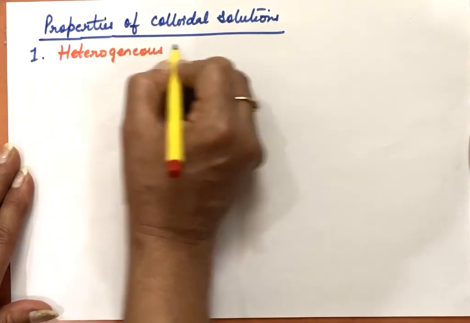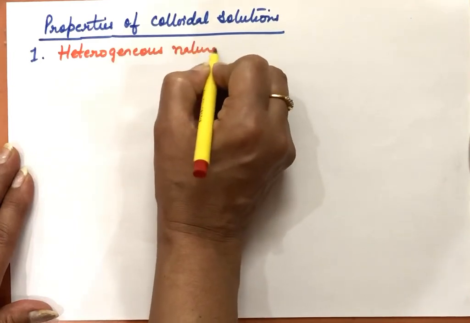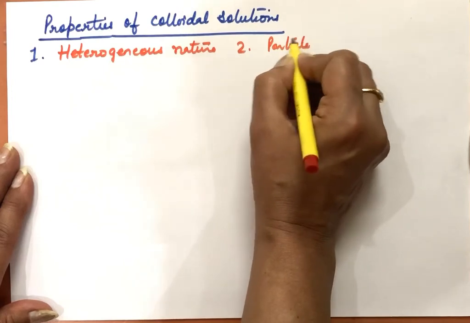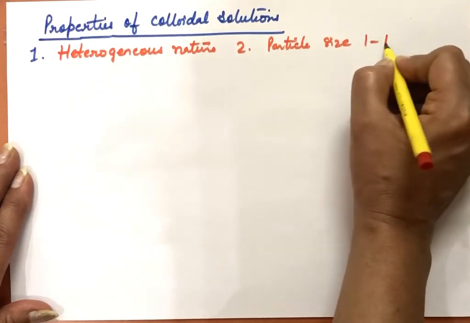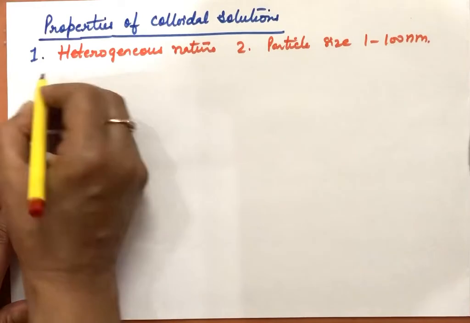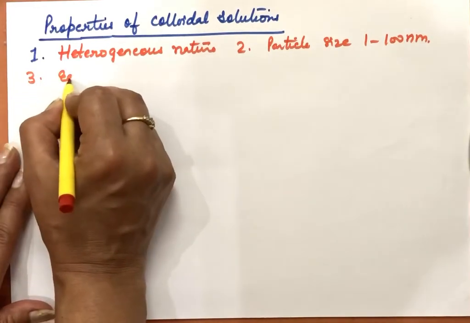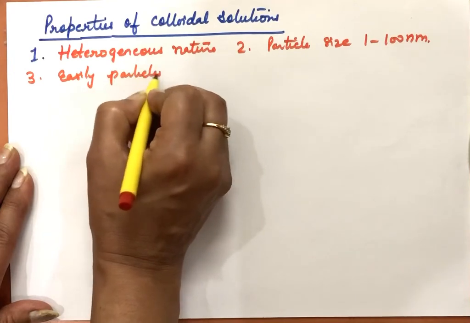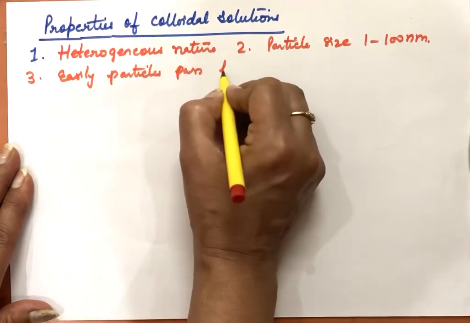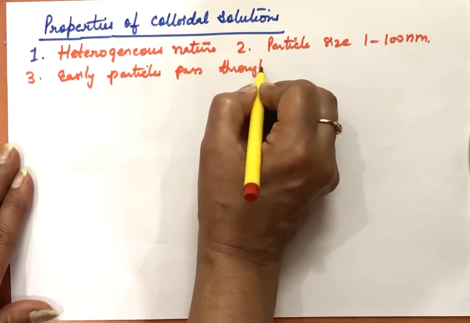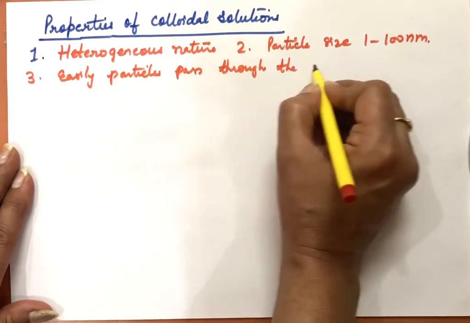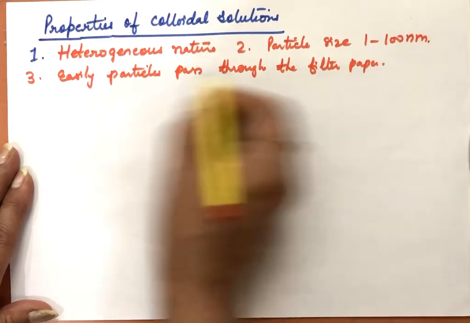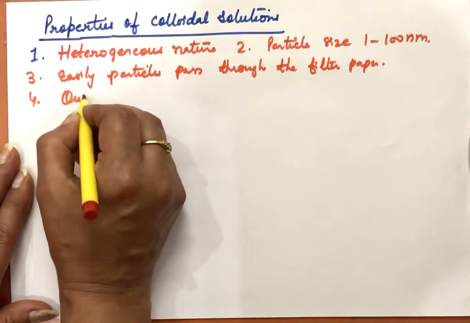Then particle size is from 1 to 100 nanometer. And third, particle size is small, so they can pass through the pores of filter paper. So it is not possible to separate the solute from the dispersion medium by the filtration process, but they are quite stable.